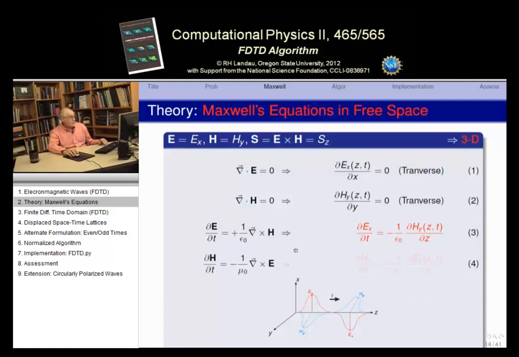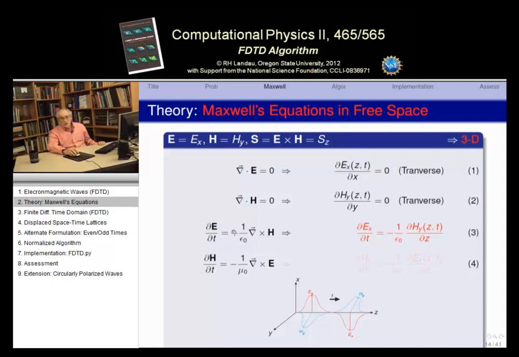We have another Maxwell equation up our sleeve here, and it says that the time derivative of the magnetic field, H, is now equal to minus 1 over mu sub 0 times the curl of the electric field. So mu 0 is this magnetic constant of nature. Epsilon 0, the permittivity of free space, is the electric constant of nature, depending on the units you're using.